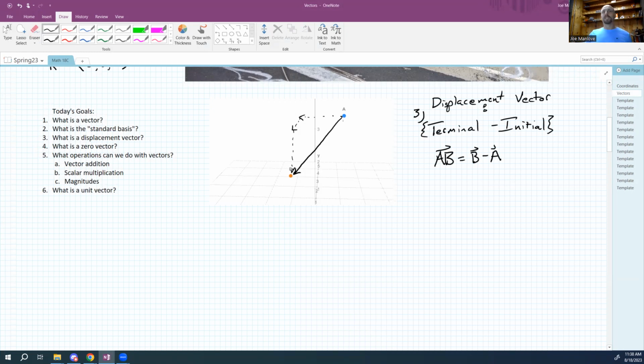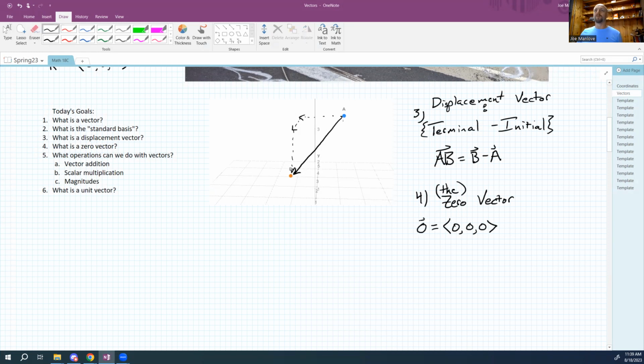Let's get what's a zero vector out of the way. This one's going to be easy. The zero vector is the vector that's made out of, whoops, I just started writing a point. That's made out of zeros. We have a special symbol for this. We put a zero, and then we put a little vector hat on it.